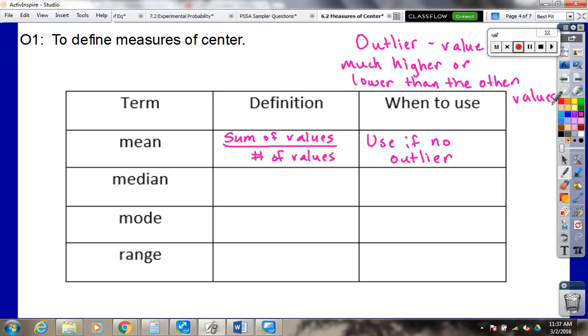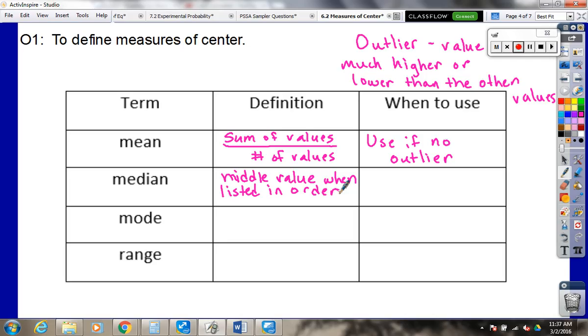Okay, median is just the middle value when they are listed in order. What do you do if there are 2 middles? What if you have an even number, so you have 2 middles? Sam? Find the mean of the 2 numbers.